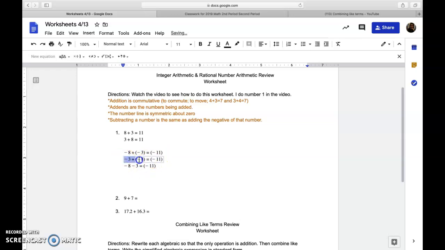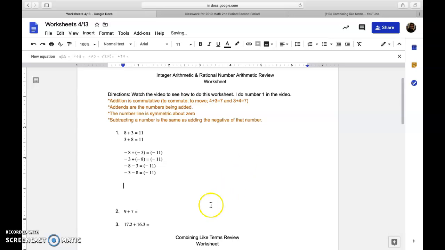And now you'll do the same thing for this problem. Negative 3 plus negative 8 is the same as negative 3 minus 8, because subtracting a number is the same as adding the negative of that number. They are both equal to negative 11, right?